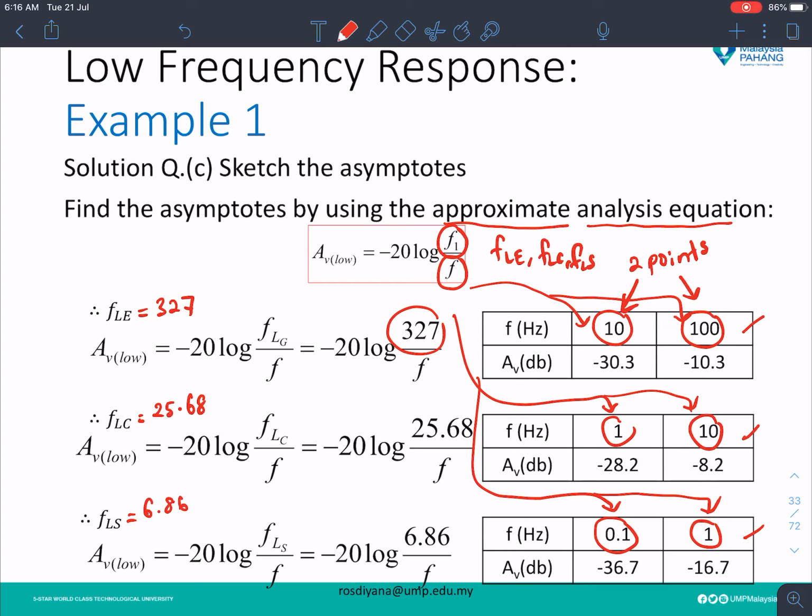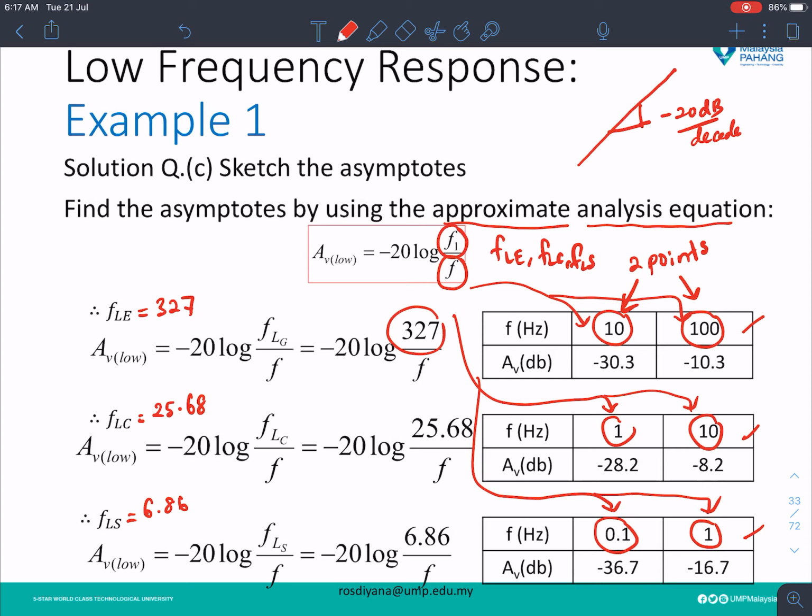To draw the asymptotes for the low frequency response, it should be like this. It is facing to another side here, so it has a slope which is negative 20 dB per decade.